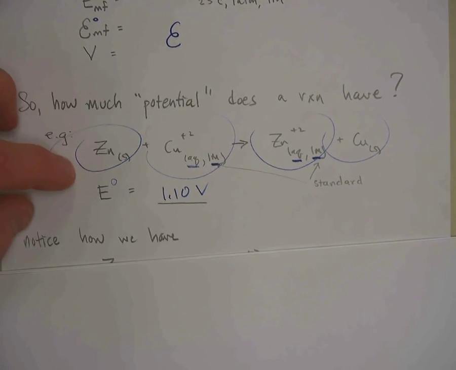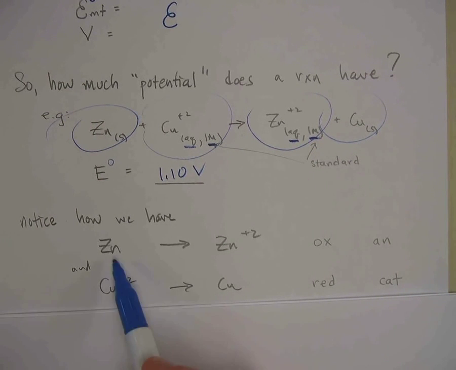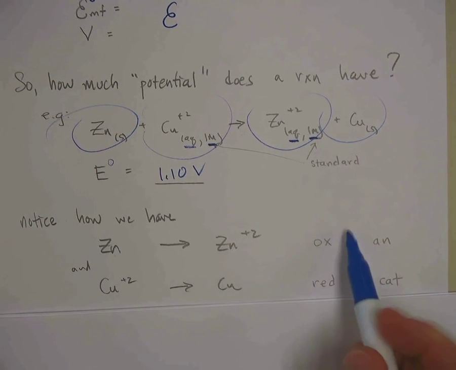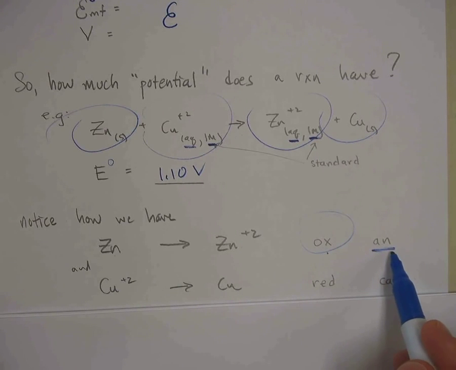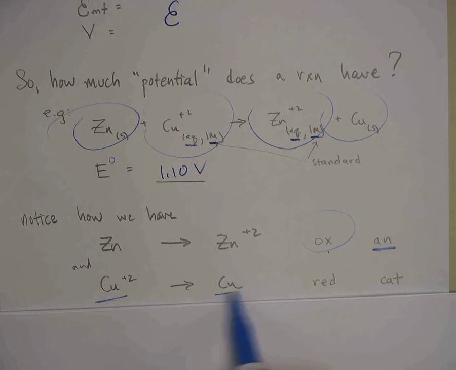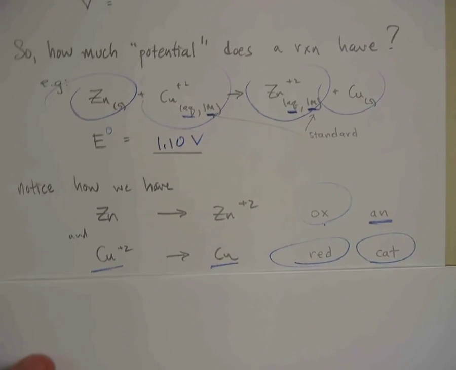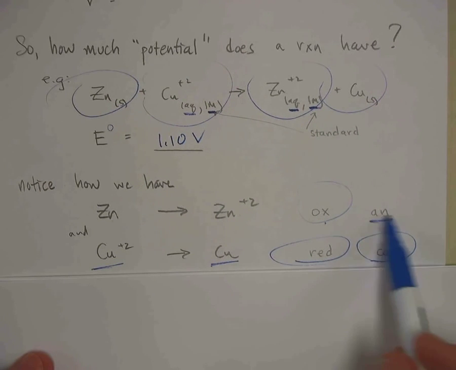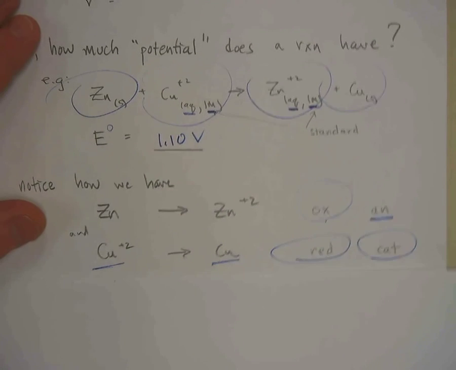Notice we have in this reaction actually 2 half reactions. We have zinc going to zinc plus 2. This is an oxidation reaction, and therefore it is the anode of our cell. Copper plus 2 going to copper. This is reduction, and so it's the cathode of our reaction. Remember, An Ox, Red Cat. You should be able to define these and pick these out really quickly.